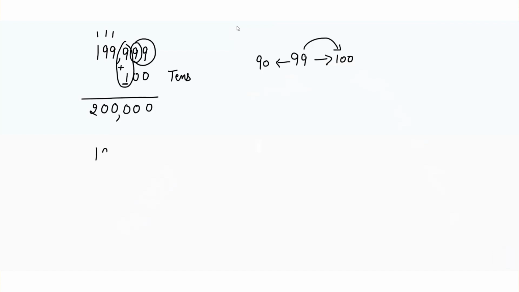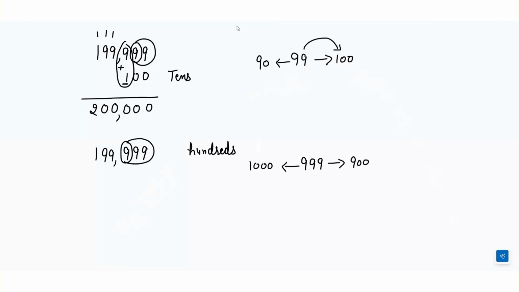Similarly, if I have to round off to the nearest hundreds place. So in the hundred place, we have 9. And if I will consider all the digits along with it, they are 999. So this number is close to either 1000 or it is close to 900.